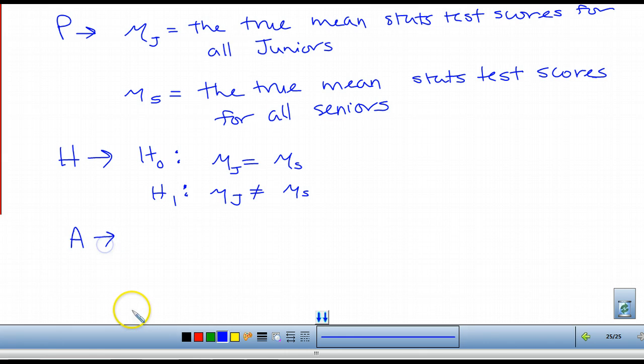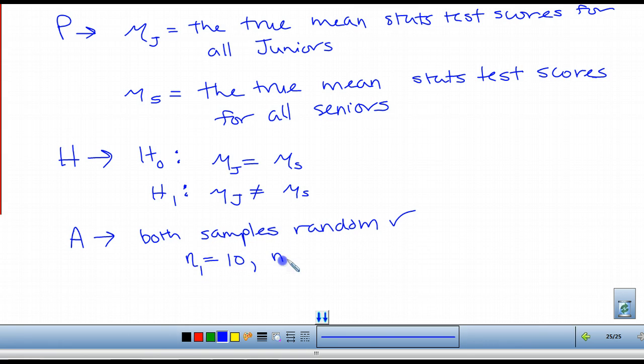Let's do our A. So our A said that they were both random. So both samples random. So that checks out. The n1 was 10 juniors and n2 was 14 seniors, or you could say nj and ns to kind of tie it back into this.